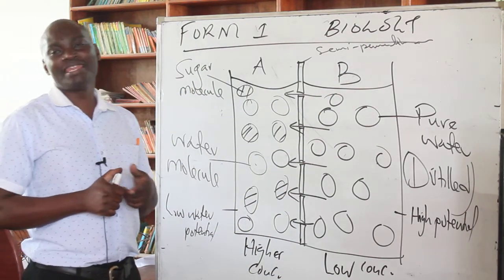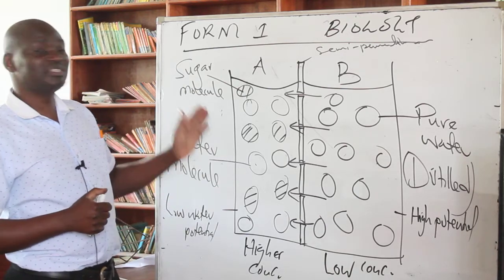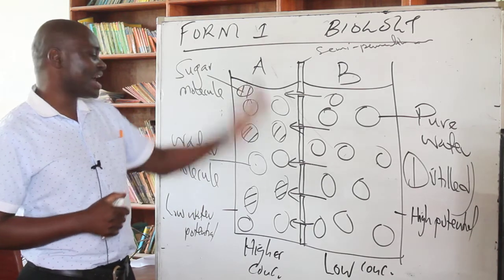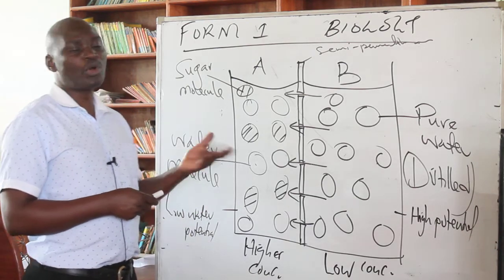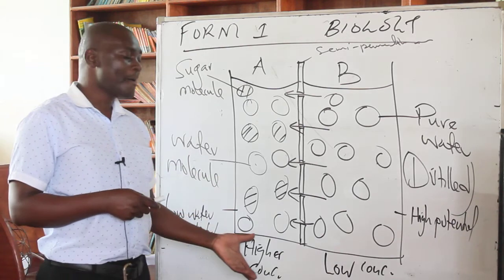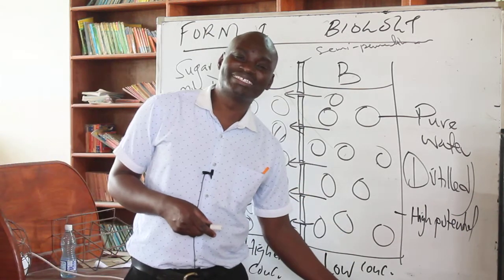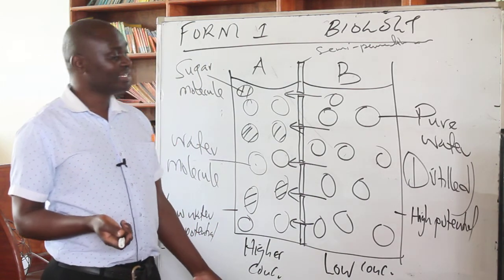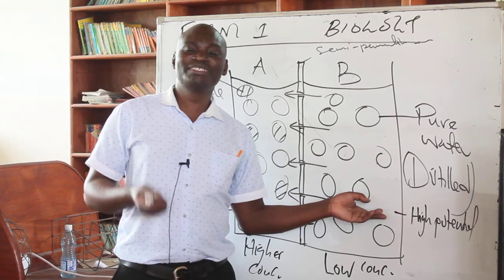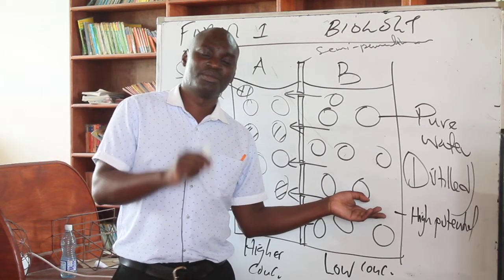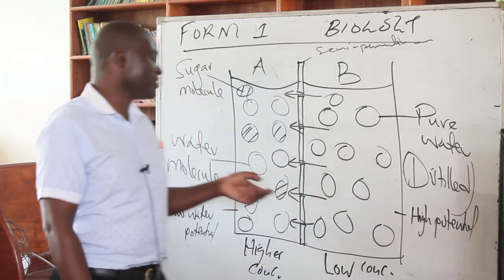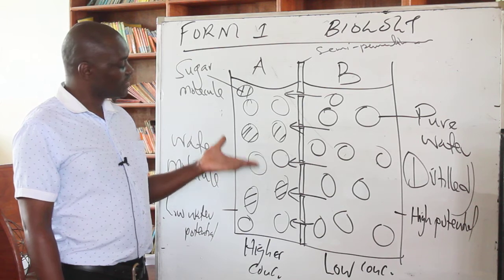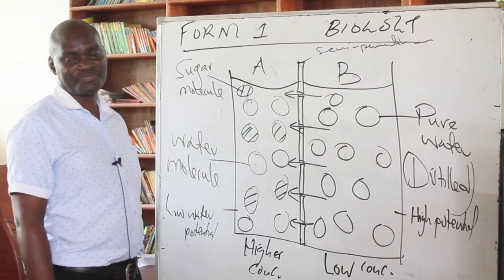So we have agreed earlier that whenever two solutions of different concentrations are separated by a semi-permeable membrane, water molecules will move from a solution which has lower concentration to one which has a higher concentration. Meaning, if it is of low concentration, it has more solvent, more water molecules, to where we have fewer water molecules, because on this side you can see the water is mixed up with sugar.